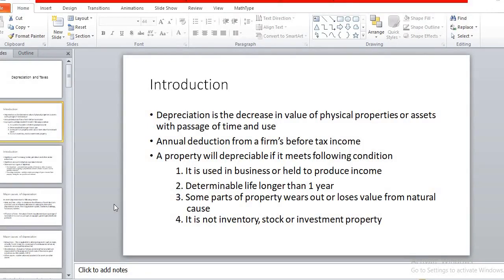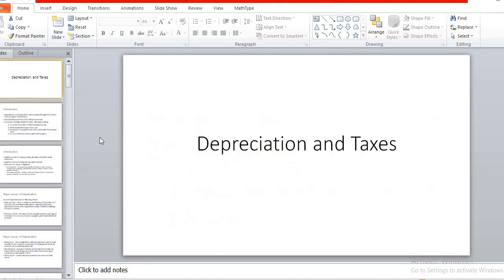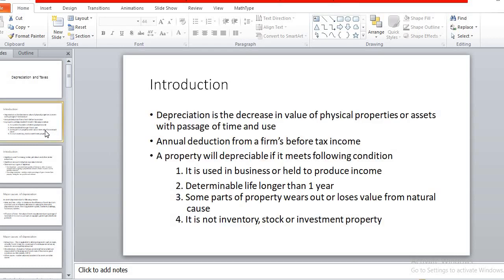So, in the last video, we started this topic of depreciation and taxes, and we discussed the depreciation term: for which property we can consider depreciation.